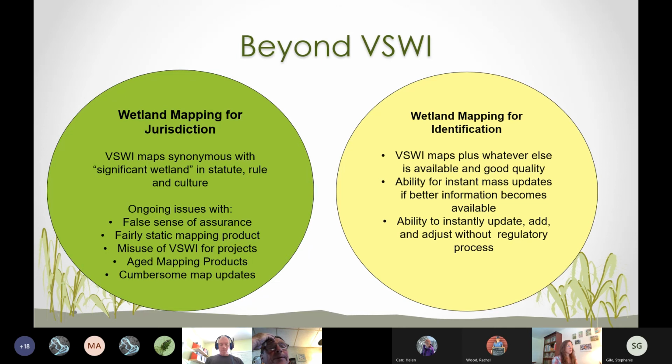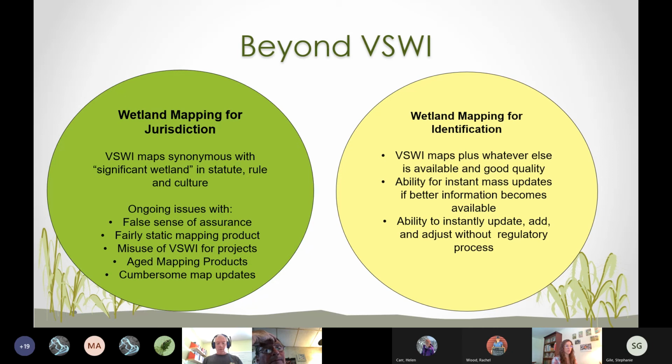To do this, we're able to use the VSWI, but we add on to it. We have different layers that may not have the same quality, but they may provide really good information that will at least help guide where we should be looking on the ground. We can also very nimbly add and subtract things from maps that are not tied to regulations.